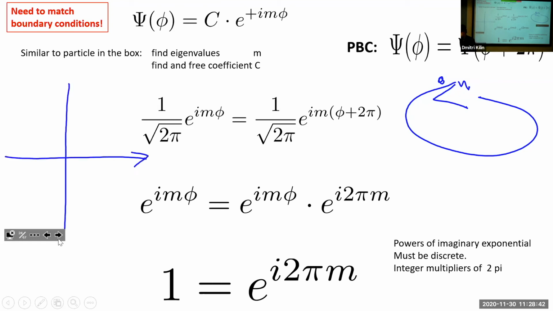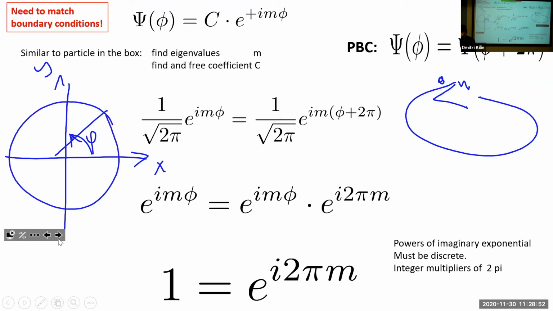So here is x, y, phi goes here, and if you have a radius, it could be real and imaginary. So if the angle is 0, then this number will be real, will be 1, imaginary will be 0, right? 1, 0.